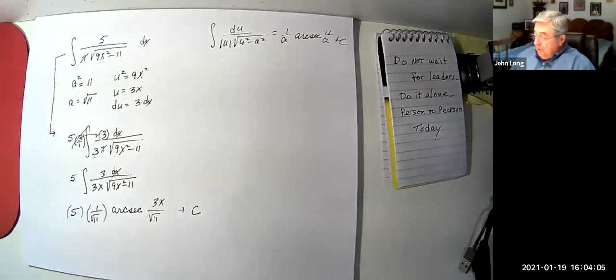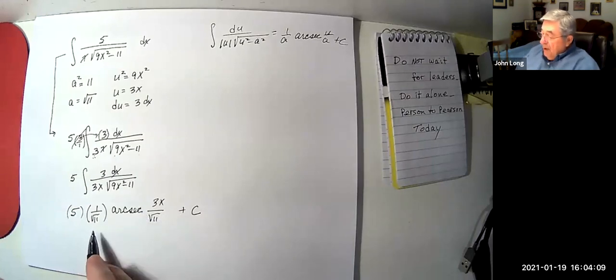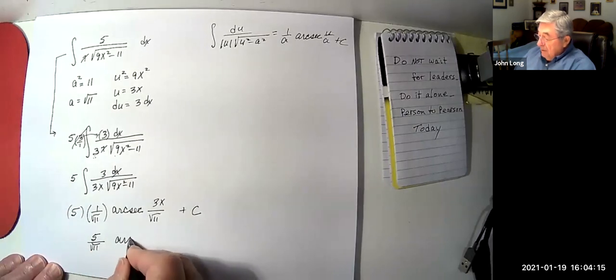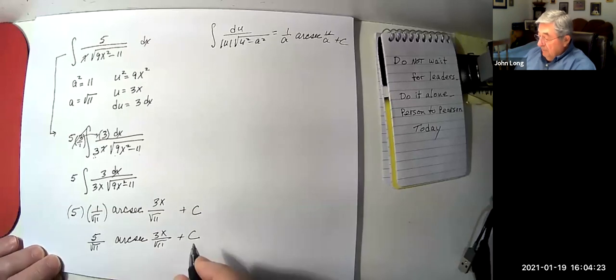And it's not typical in an environment like this to worry about rationalizing that, so you might leave that as 5 over square root of 11 arc secant 3x over square root of 11 plus c.